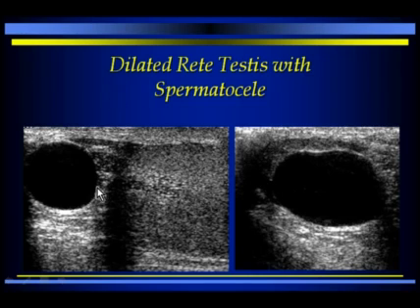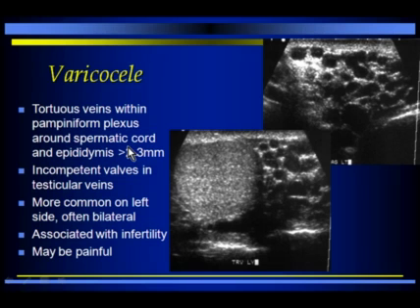Again, here is your spermatocele. Spermatocele, another view. And this is the same patient. Here's the mediastinum testis, and there's a slightly dilated rete testis, which makes the mediastinum thicker and more obvious.